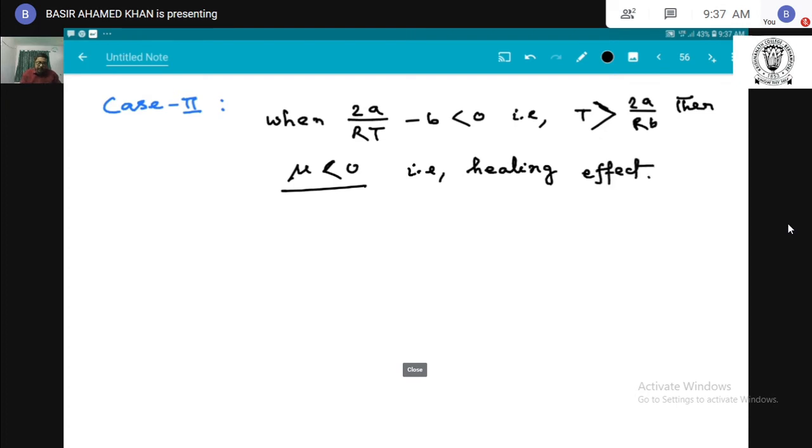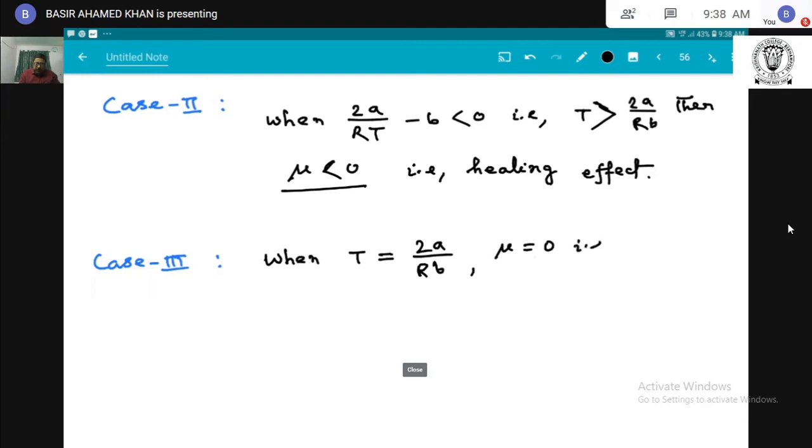Now case 3, when the temperature of the gas T equals 2a by Rb, mu equals 0 and there is no change in temperature of the gas.